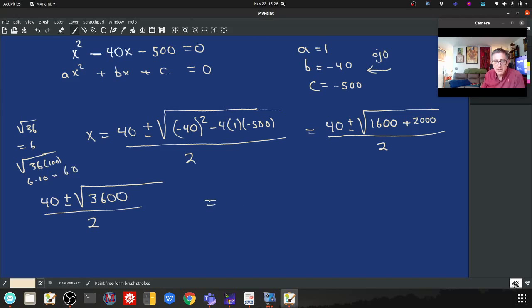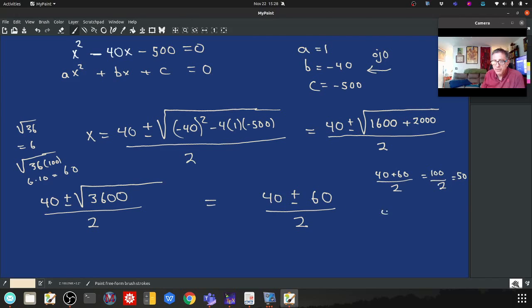So this tells us that x is equal to 40 plus or minus 60, divided by 2. So we're going to get two answers. 40 plus 60 divided by 2 is 100 divided by 2, which is 50.